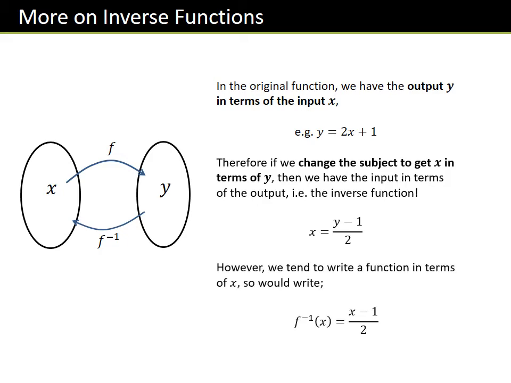Then we write the function down in terms of x. So we'd write f to the minus 1 of x is x minus 1 over 2. So what we've done is we've taken our function, we've changed the subject so that x now is the subject. Then we've rewritten it, replacing the y by an x and putting function notation at the start. And that is how we find the inverse function.